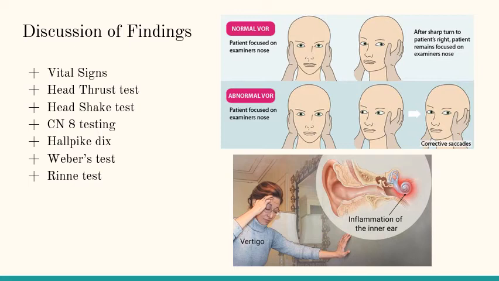Labyrinthitis is when one of the two vestibular nerves of the inner ear becomes inflamed. Therefore, for this patient, the right semicircular canal fails to send the excitatory and inhibitory neurons effectively to the corresponding vestibular nucleus because of the inflammation in the inner ear.